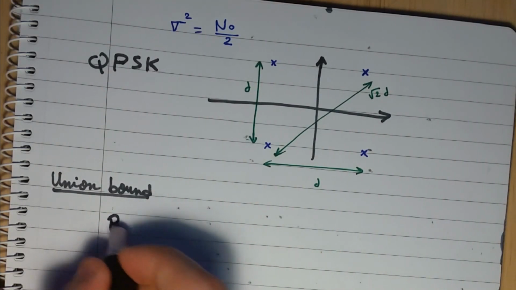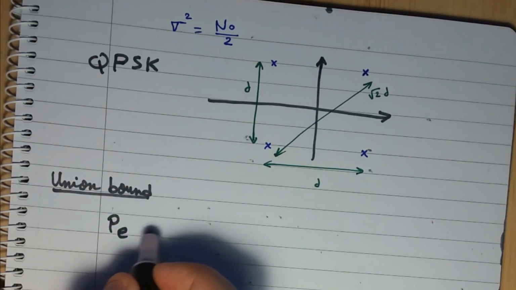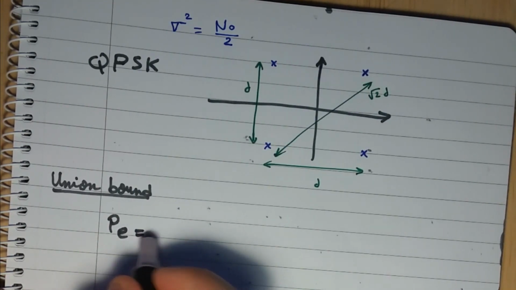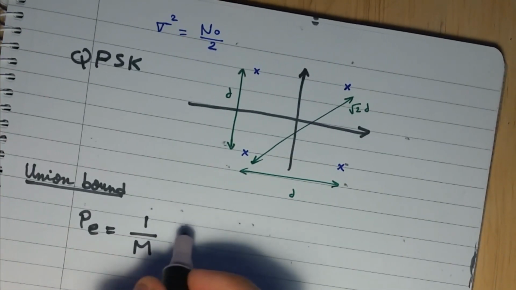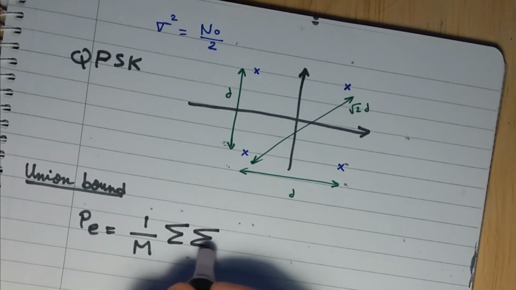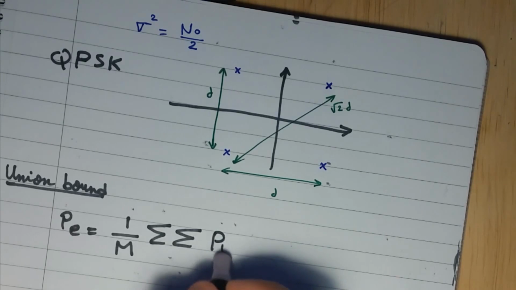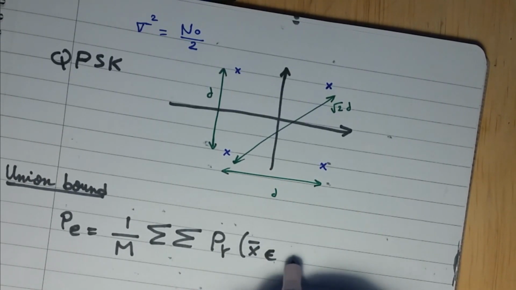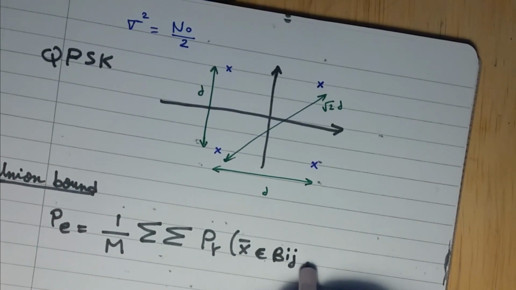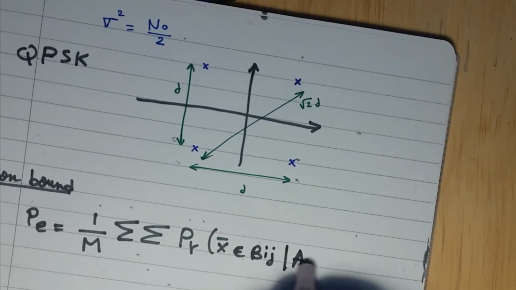So Pe, in general, is 1/M, where M is the total number of points that you have, times the sum of the probability of the vector x. This is a vector, don't get confused, don't be scared. And this is over the space of symbols, where a is equal to ai.